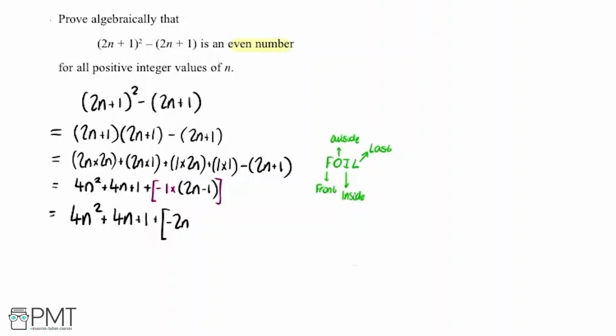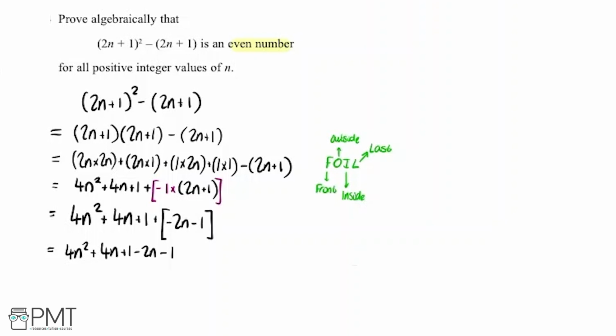And sorry, here it's actually supposed to be plus because I copied it down wrong. So we can see here it's plus 1 and plus 1. So we're going to have minus 1 multiplied by positive 1, which is negative 1. So we have that here. So if I write that out neatly, we've got 4n squared plus 4n plus 1 minus 2n minus 1.